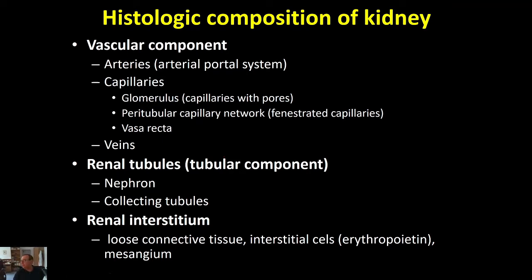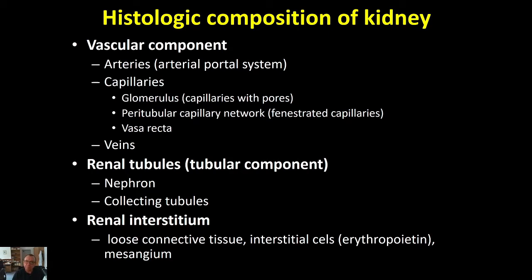Histologic composition of a kidney is quite complicated, so I'll divide it into three parts. I will speak about the vascular component of the kidney, which is very important because, as you probably know, the main function of a kidney is filtration of blood, clearing of blood.